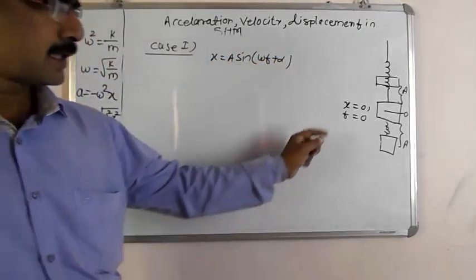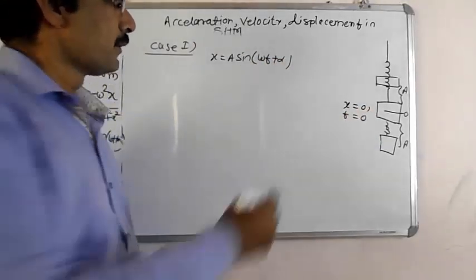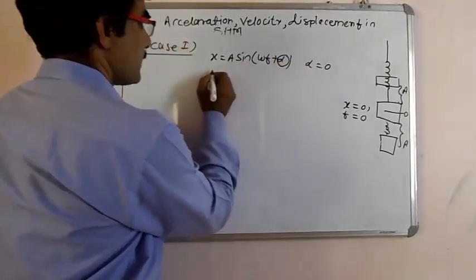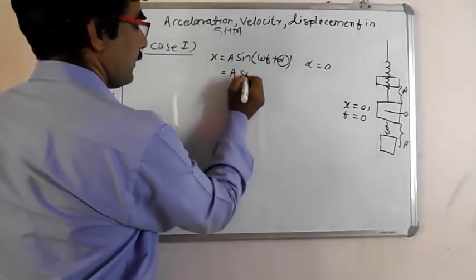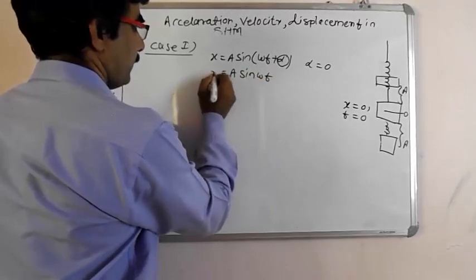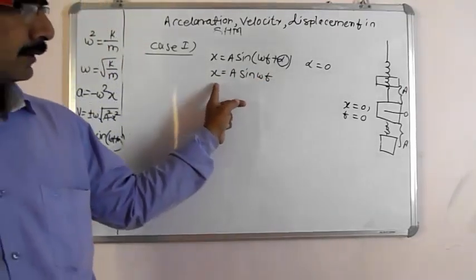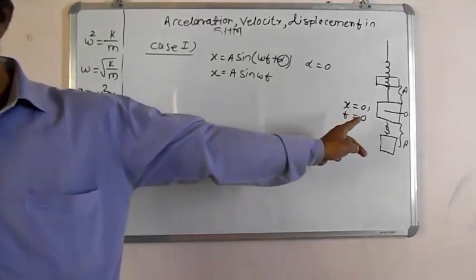Now when the particle starts from mean position, this initial phase alpha equal to 0. Hence the equation becomes a sine omega t. This is the equation for displacement from mean position.